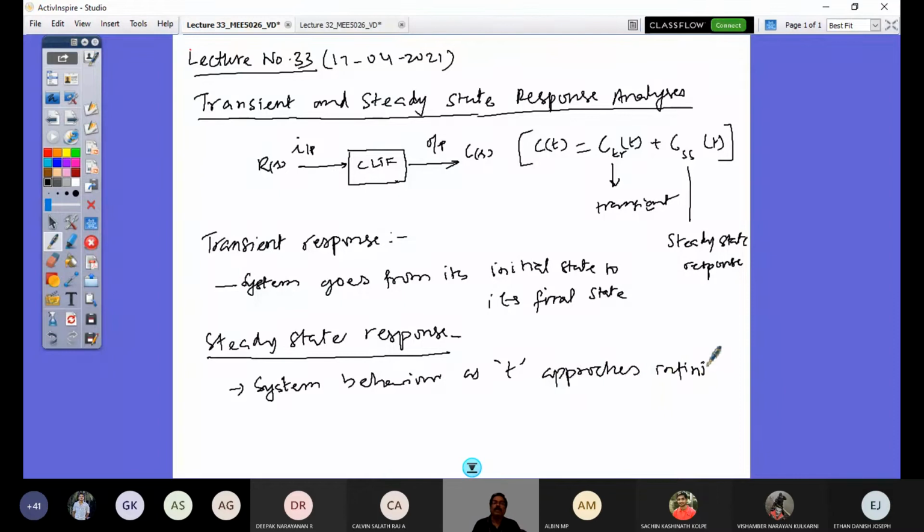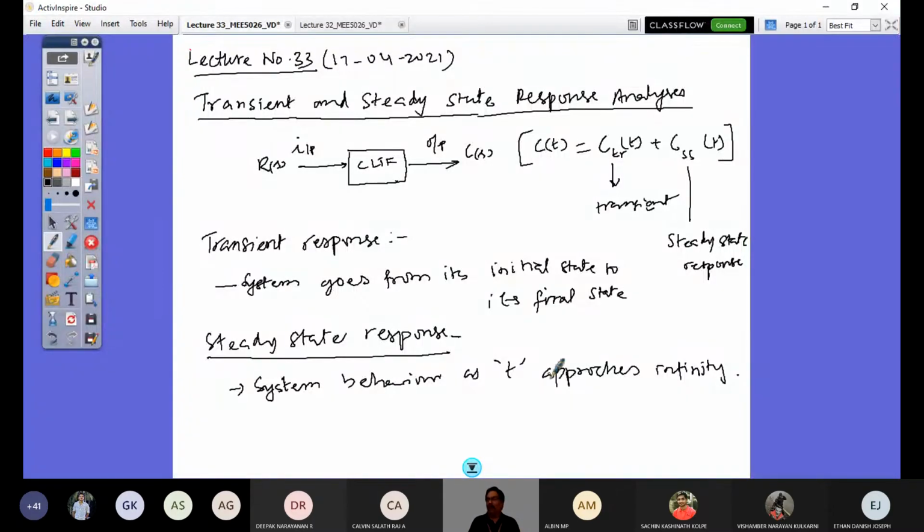So that is what is called a steady state response. That is what we were able to tell in our Laplace transform: as t tends to 0, s tends to infinity, and as s tends to 0, t tends to infinity. So the initial and final value theorems are used. We will see that in a while.